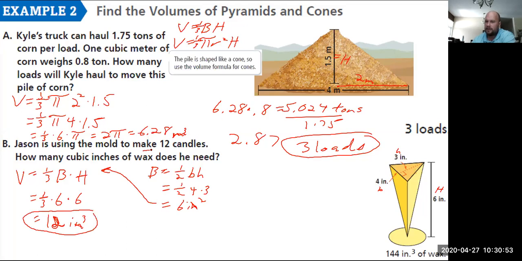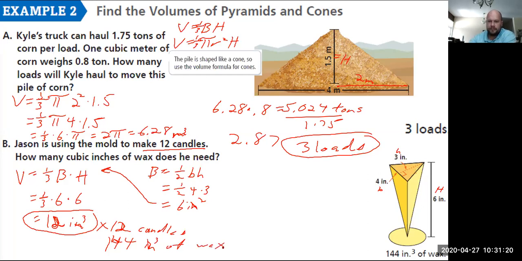He wants to make a total of 12 candles. So we have to multiply this by 12 candles. So there's a total of 144 cubic inches. I don't know why this is lagging so much today, of wax.